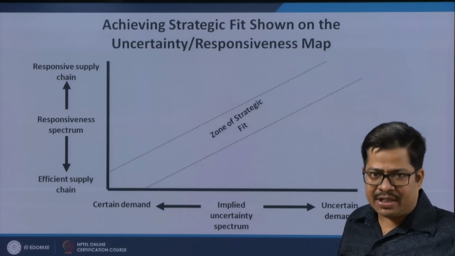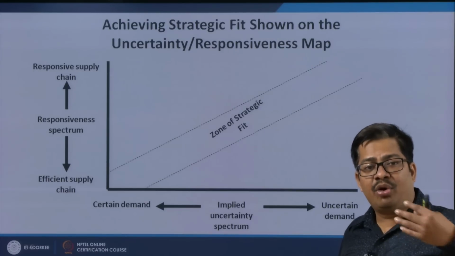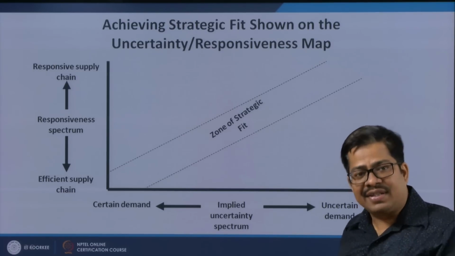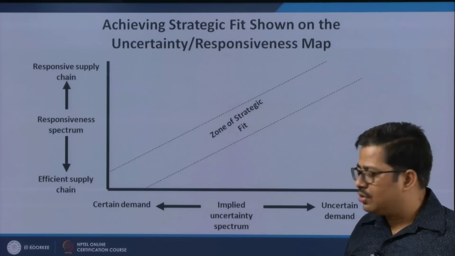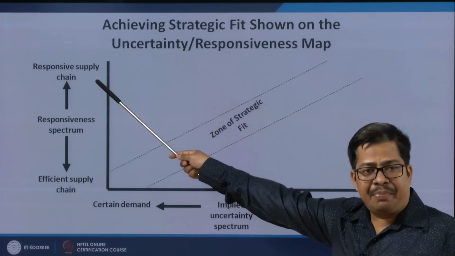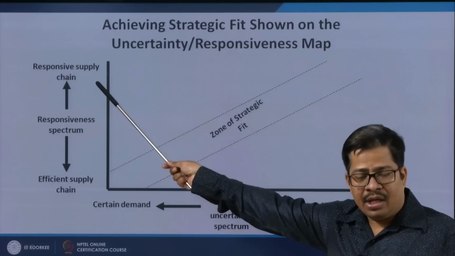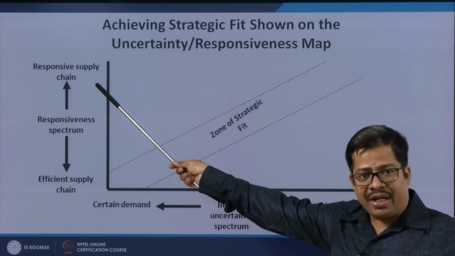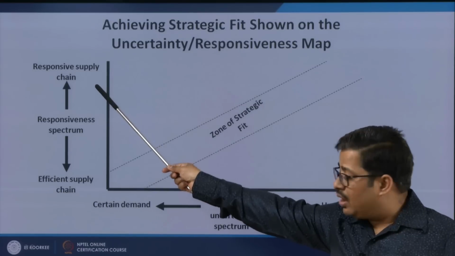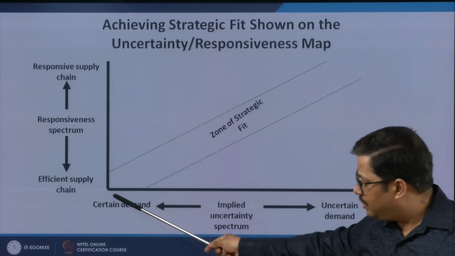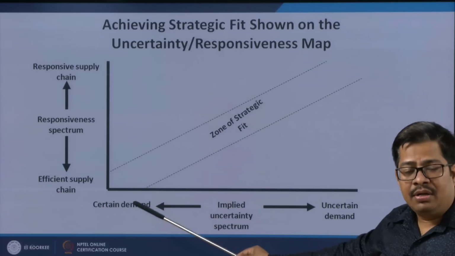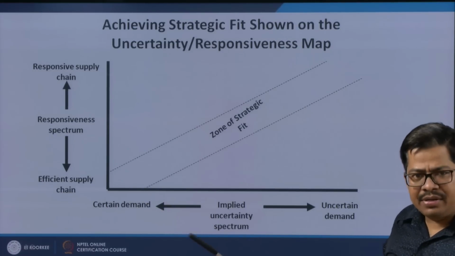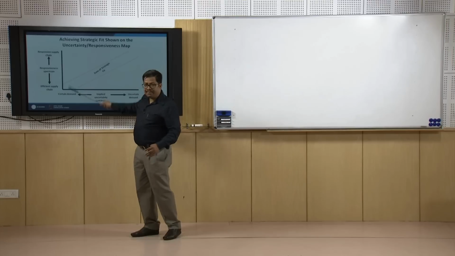We just discussed responsiveness comes at a cost. So, I am providing a high cost solution to my customer, which a customer at this point where uncertainties are low never likes, and therefore, this is also a mismatch.